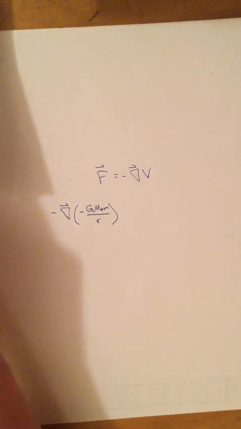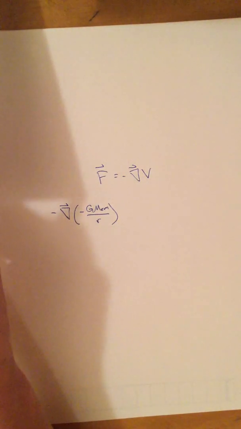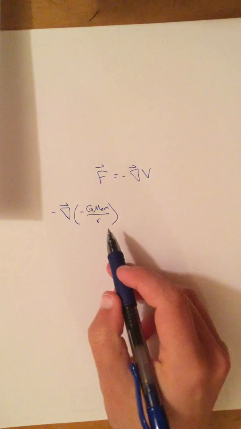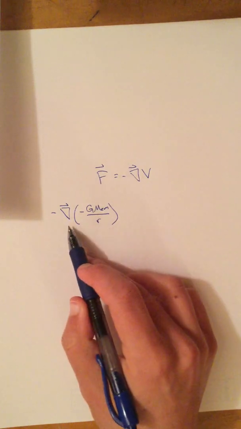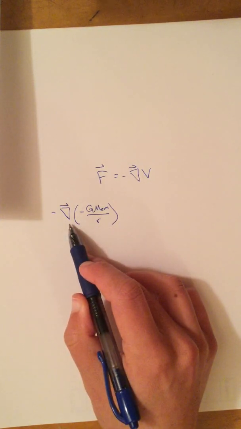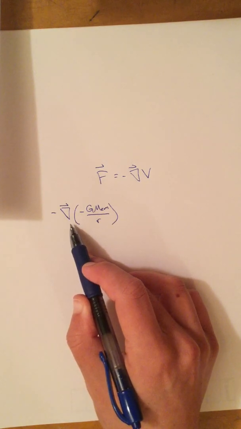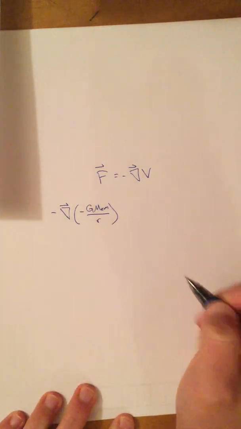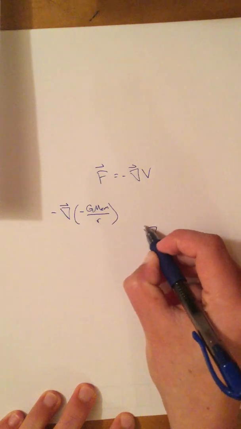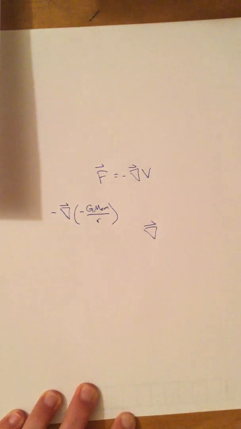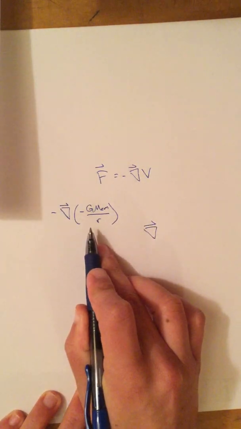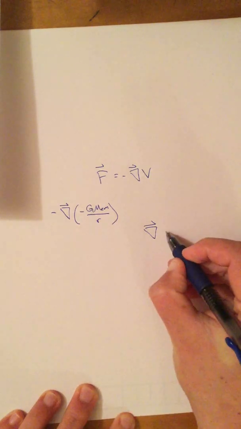Now, I don't think they give this to you in your book, but this is an operator. We can write this operator in rectangular coordinates or cylindrical coordinates or spherical coordinates. Usually you look this up somewhere. If you're going to write it in rectangular coordinates, it's very easy. This is an operator. It has to operate on something. In this case, it's operating on the potential that we have here.